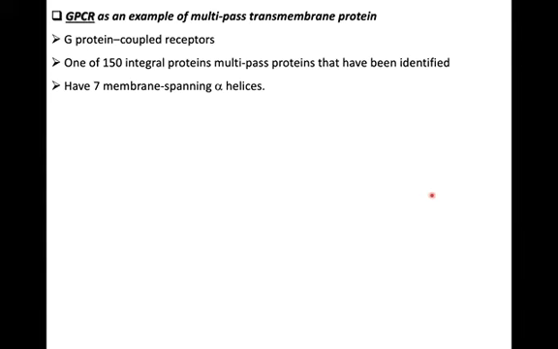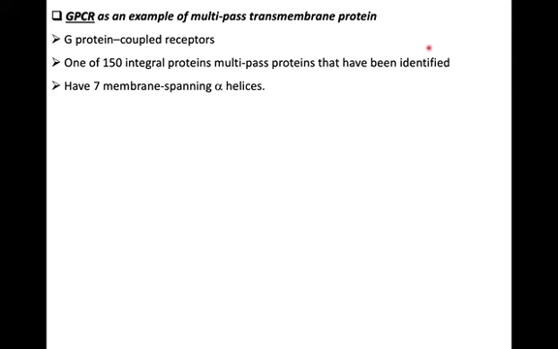The second example of an integral protein is another famous protein, which is GPCR, G protein coupled receptor. It's another example of a multi-pass transmembrane protein.